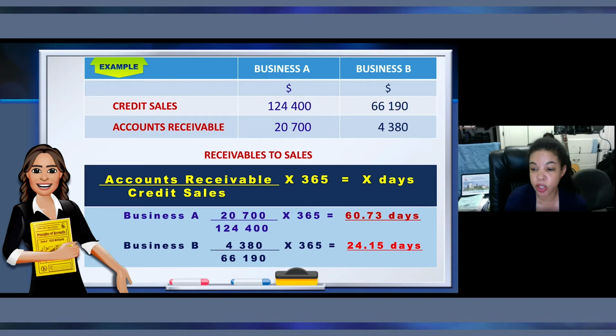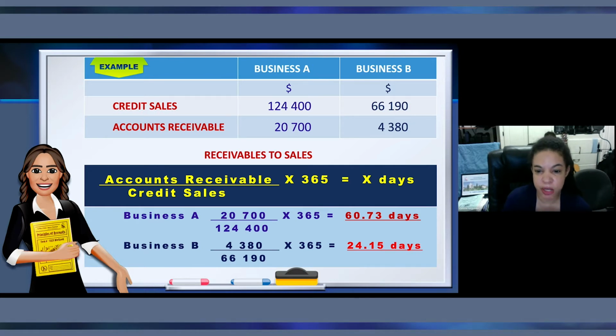But make sure you must always have days. It's not going to be correct if you don't have days, right? Because, like previously I said, it can be 24.1 anything. You have to be very specific because this ratio is telling you the average amount of days that it takes for us to receive. So these were our answers for the receivables to sales figure.